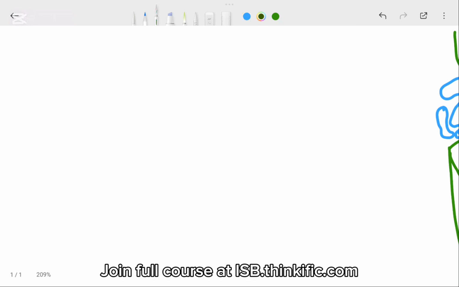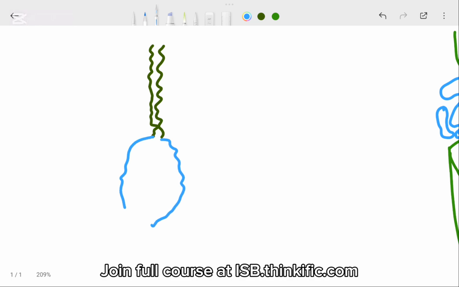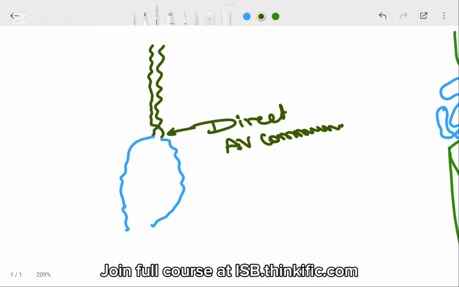You know, the terminal branches of the superior rectal artery, the very terminal branches, come in and directly drain or flow into sinusoidal veins. You get me? There is direct arteriovenous communication, no capillary bed in between them.